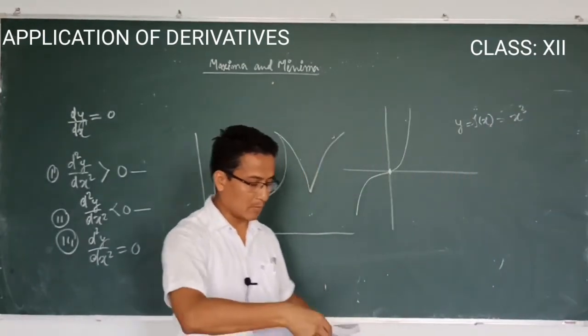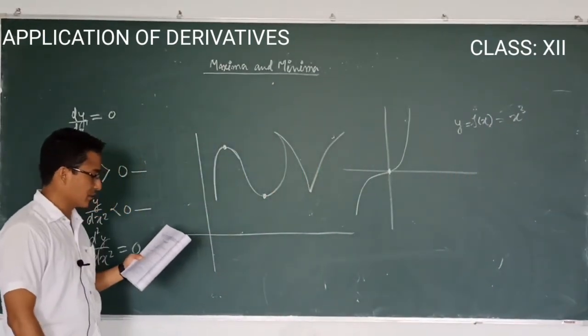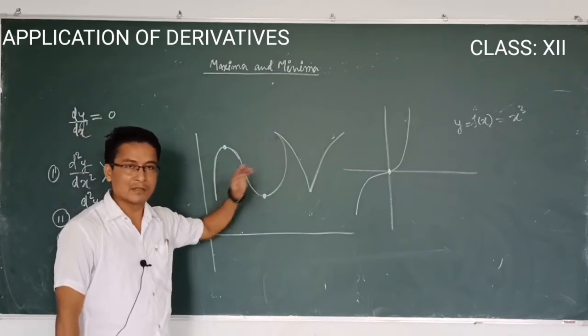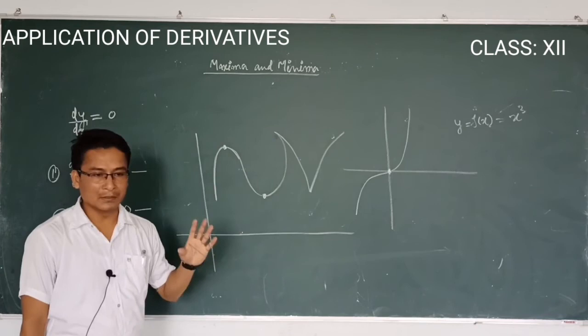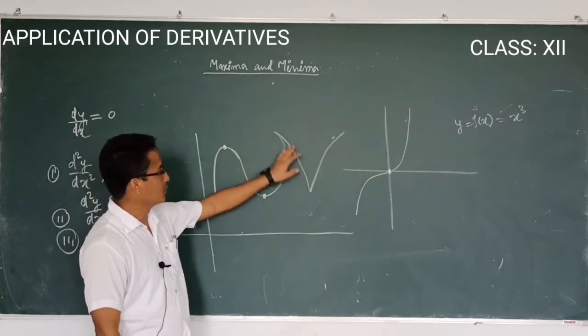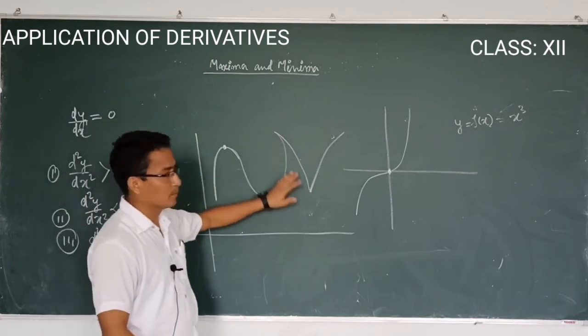Although this point is a maximum point, we do not get its value by differentiating, because the curve is not differentiable at that point.